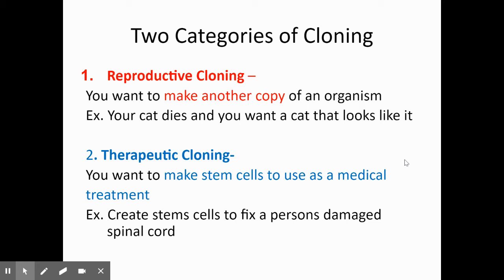So maybe someone got in a car accident, and their spinal cord was severed or damaged. Our goal for therapeutic cloning is to clone the person's cells in order to create stem cells to use as a possible medical treatment. So that's the difference between reproductive and therapeutic cloning.